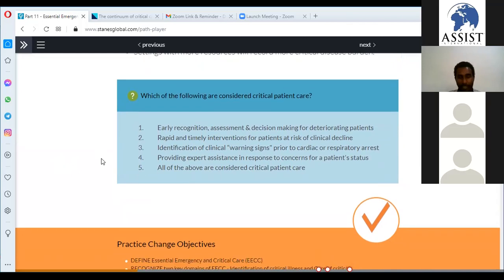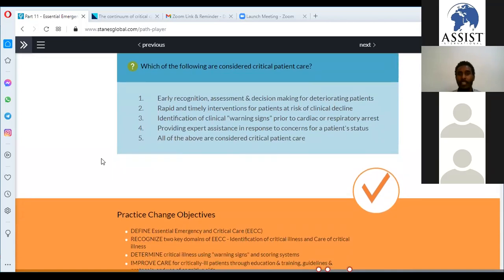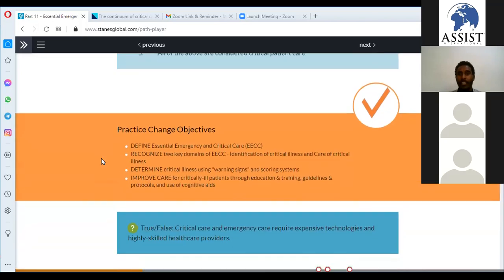It encompasses early recognition, assessment, decision making, and rapid and timely intervention whenever needed, and also having warning signs that can aid us in identifying patients who are at risk of deterioration, and seeking expert assistance whenever needed. All are included in the critical patient care continuum.